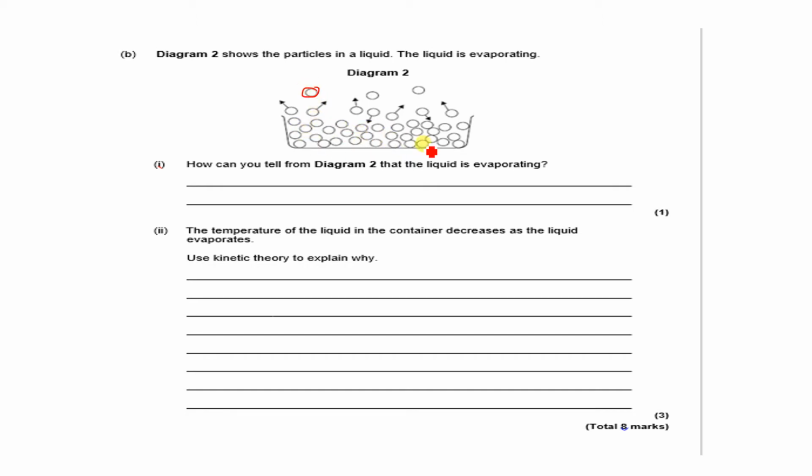So these are liquids because the particles are touching, but they are random, and these particles are escaping the liquid. So evaporation is when particles in gases escape the surface of a liquid. So particles are escaping the surface of the liquid.